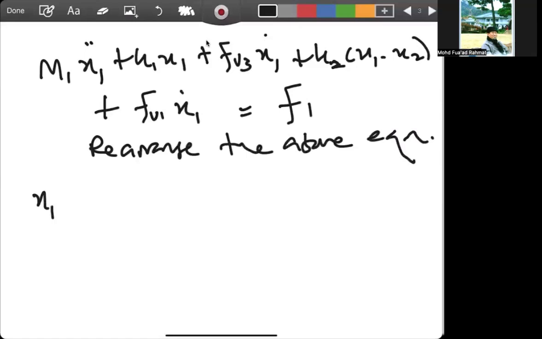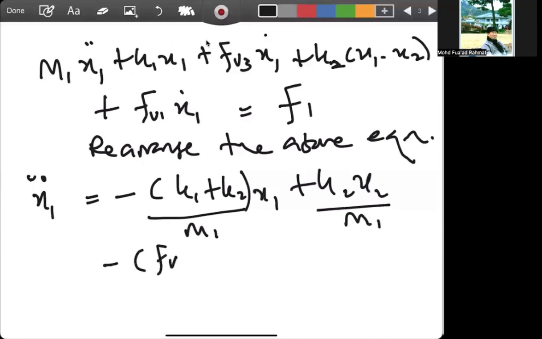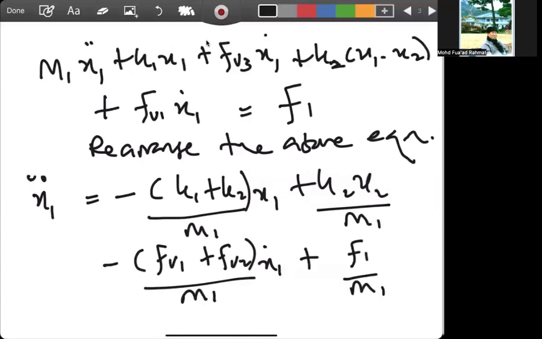So we will get x1 double dot equal to minus K1 plus K2 times x1 plus K2 x2 minus FV1 plus FV3 times x1 dot plus F1, divided by M1.